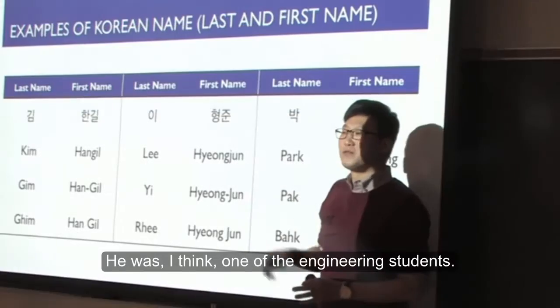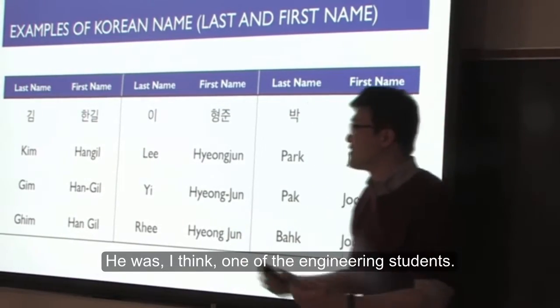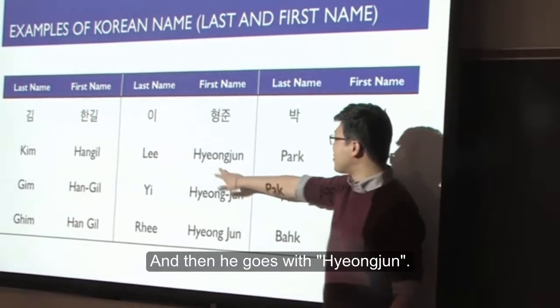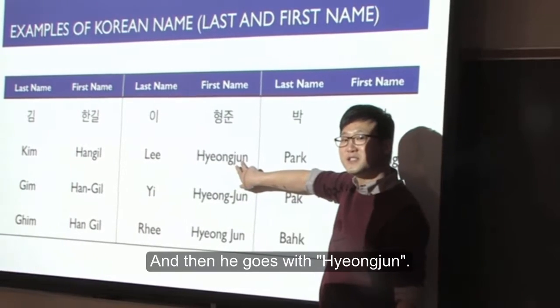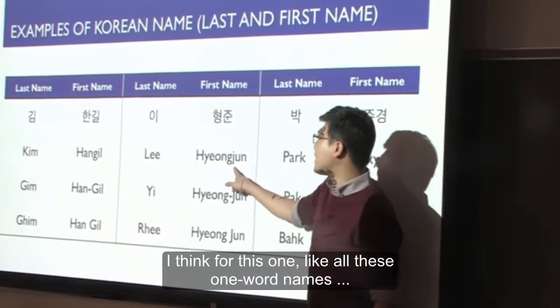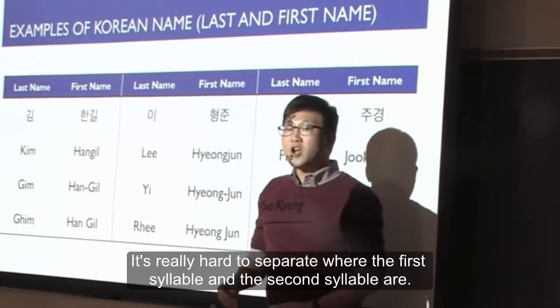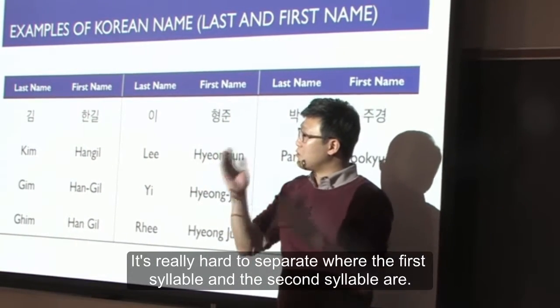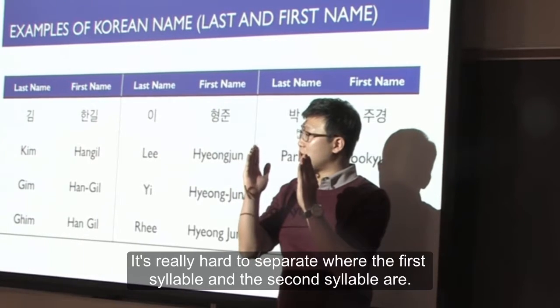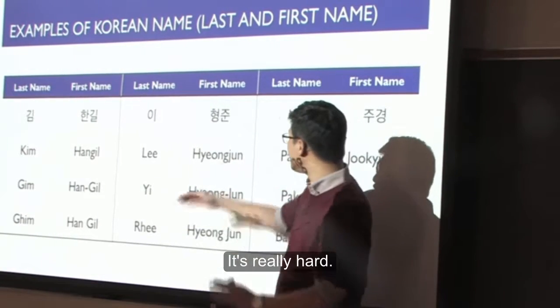This last name is Yi, and the first name, Hyungjun. Actually I searched it in OSU. He was, I think, one of the engineering students. And he goes with Hyungjun. For these one-word names, it's really hard to separate where the first syllable ends and the second begins.